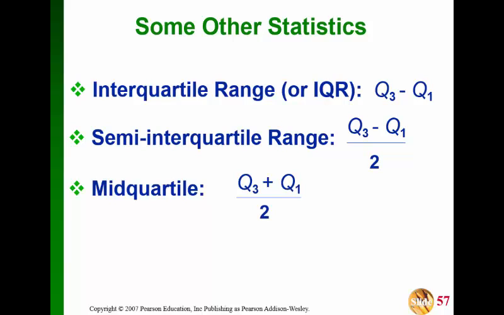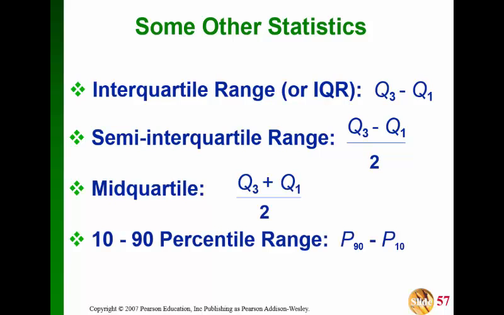So out of these three, I think the IQR is the most important. But there are formulas that are available. Okay? All right. This one, I've never seen used before, but it's the 10 to 90 percentile.